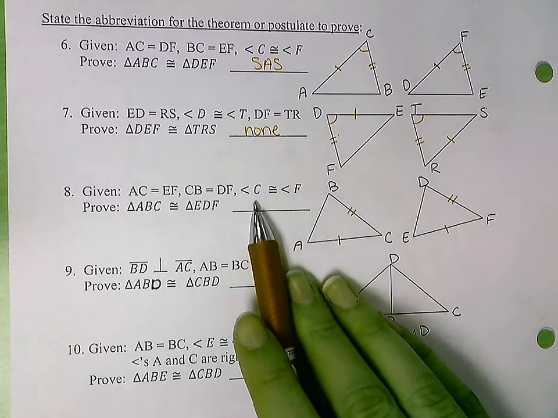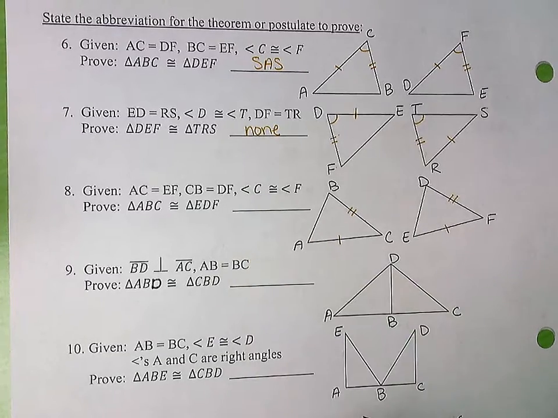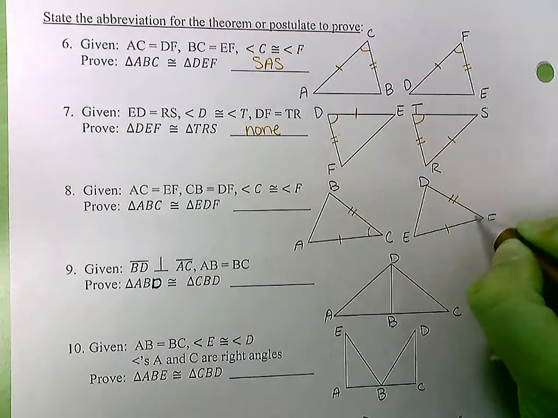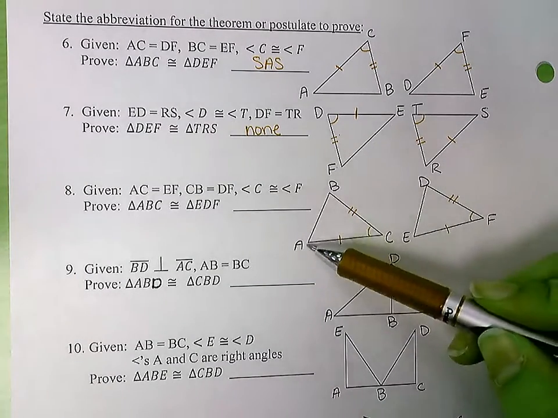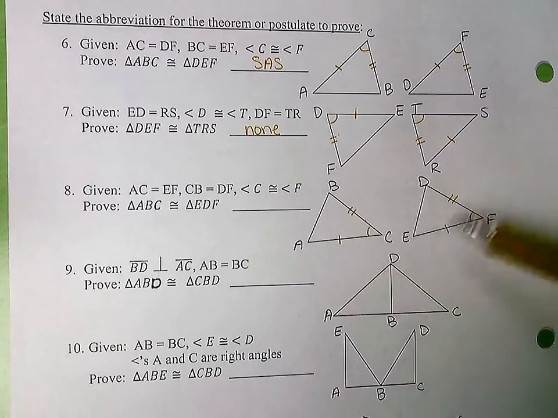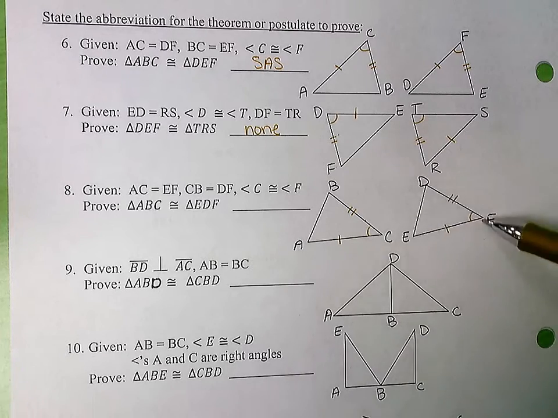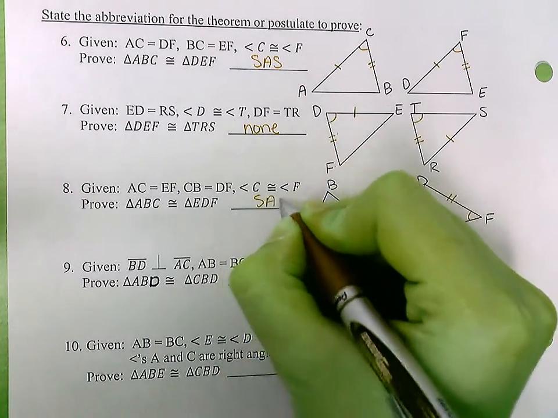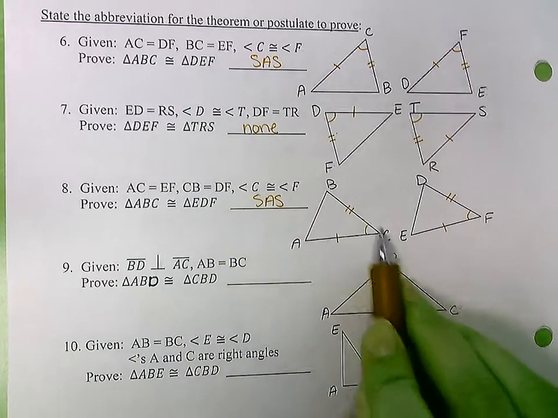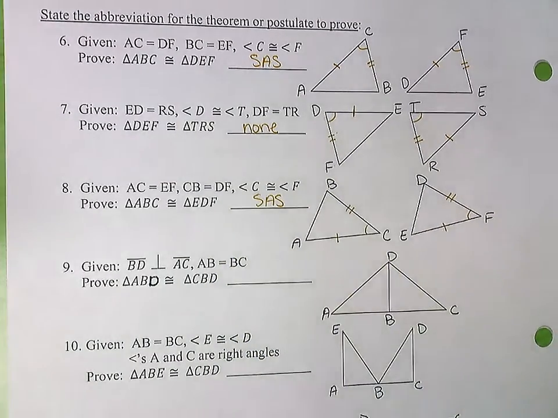And we have angle C congruent to angle F. And we want to prove triangle ABC is congruent to EDF. It would be side angle side. I have a side, an included angle, and that other side. Okay, questions? Where I'm getting these from?